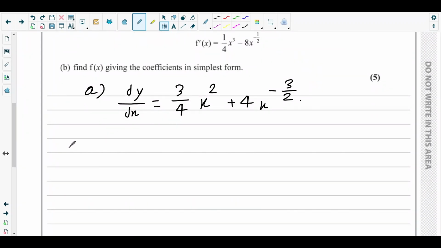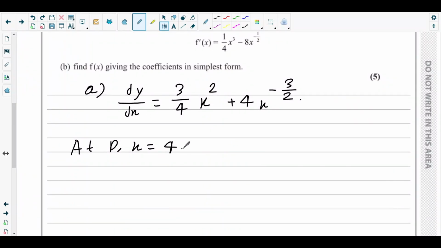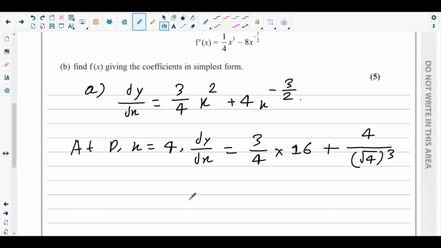Now at P, what's the x coordinate? x equals 4. So the value of the derivative dy over dx is 3 over 4 times x squared, which is 16, plus 4x to the power negative 3 over 2, so 4 over square root of 4 whole cubed. So dy over dx is 4 times 3, which is 12, plus the square root of 4 is 2, and 2 cubed is 8.